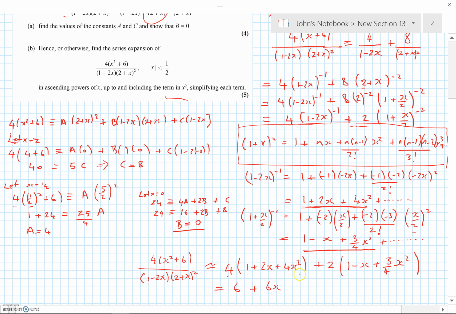And this is 4 times the 4x squared plus 3 over 2. So that will be equal to 35 over 2. Took me a while to get that. Reverted to a calculator in the end. So there we go.